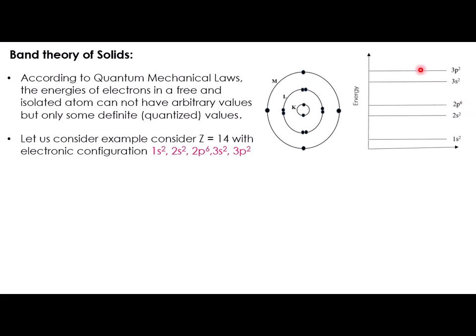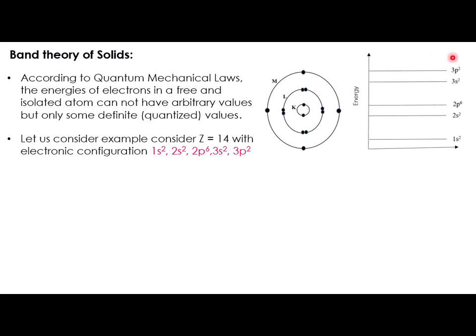It is partially filled with 2 electrons in the S subshell and 2 electrons in the P subshell. So, out of 8 vacancies for electrons, only 4 are filled and 4 are unfilled. Now, this is an isolated atom of atomic number 14. This is the electronic configuration and the energy levels of these isolated electrons.